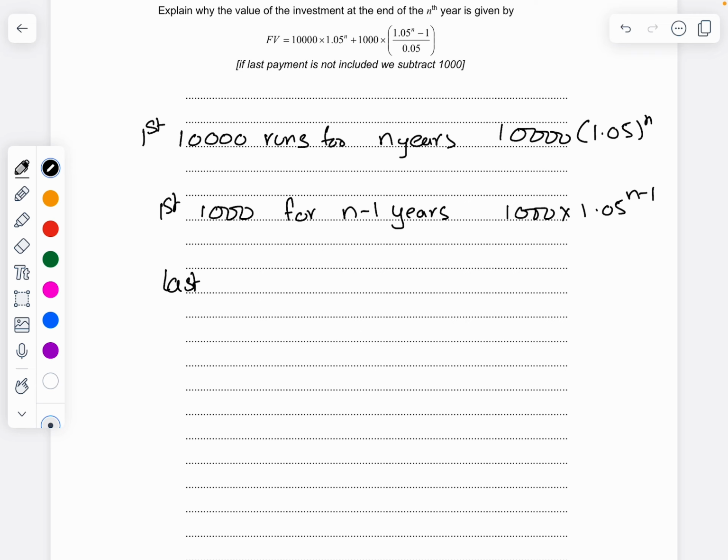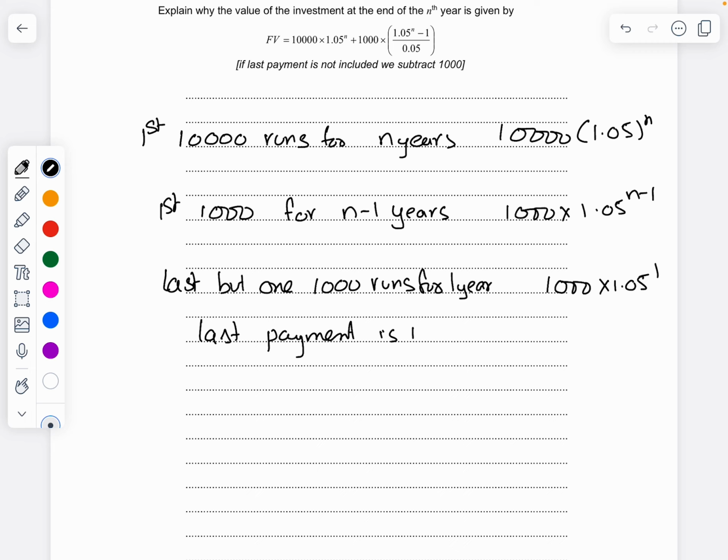The last but one 1,000 will run for 1 year, so 1,000 times 1.05 to the power of 1. The last payment is 1,000, it will not run for any year, so it remains as 1,000 itself.